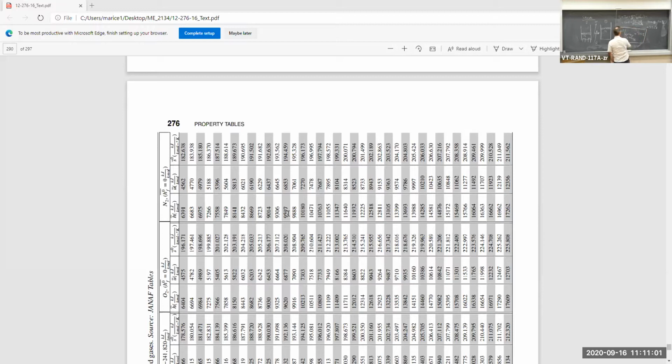And that's from table B12, by interpolation.